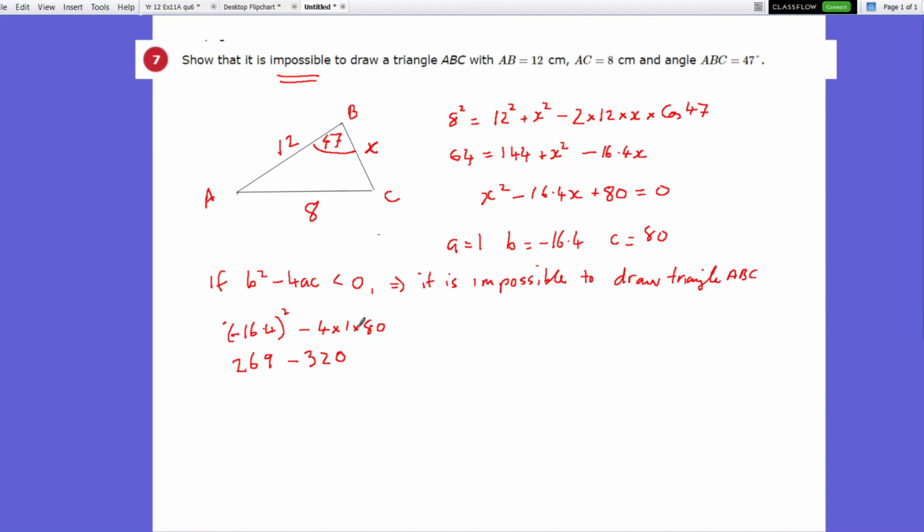And as we all know, 269 take away 320 is going to equal minus 51, which is less than 0, therefore impossible. That's it required.